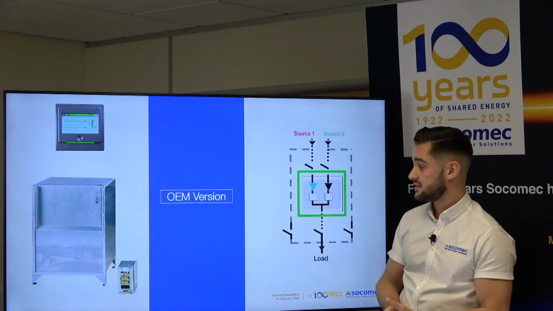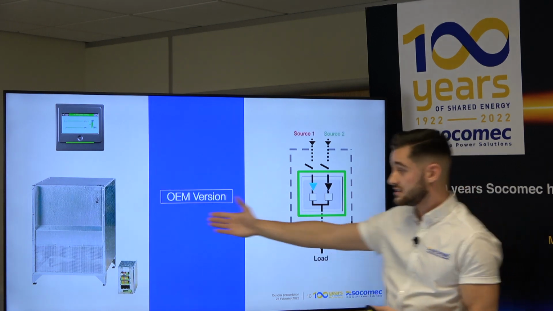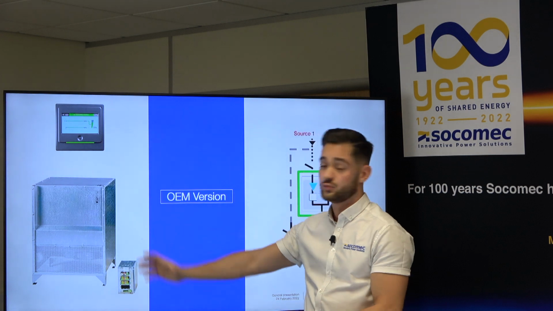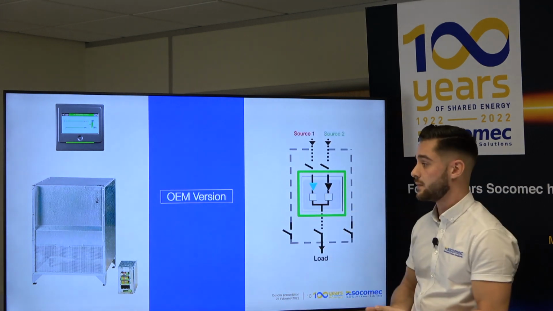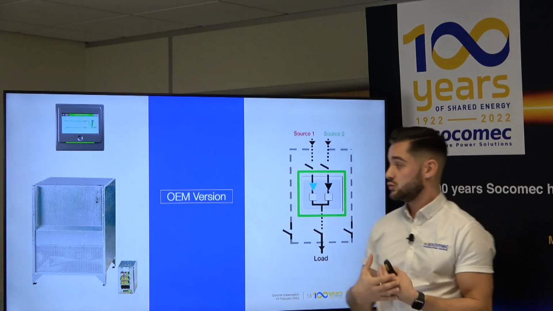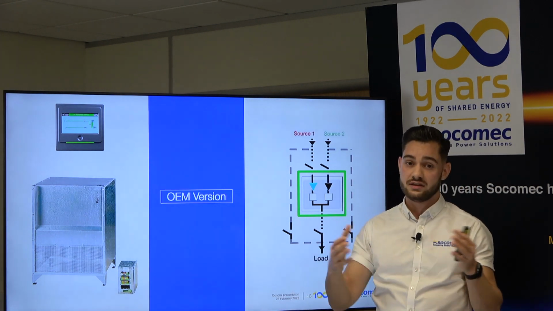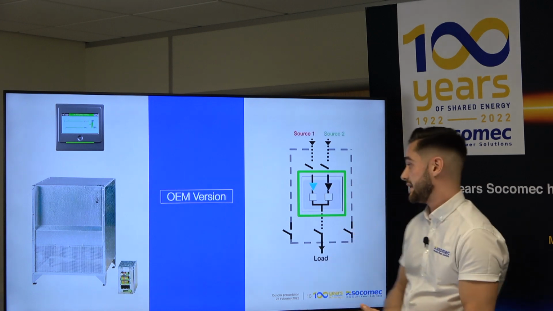Now let's have a look at the OEM chassis mountable version. As you can see, it's a proper chassis that needs to be integrated within a proper panel. So we would sell these units to panel manufacturers, and then they would incorporate this into PDUs or into a proper panel.